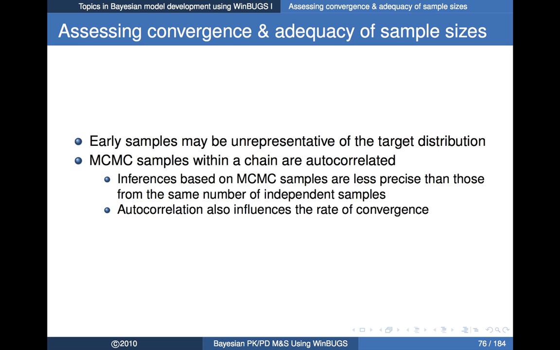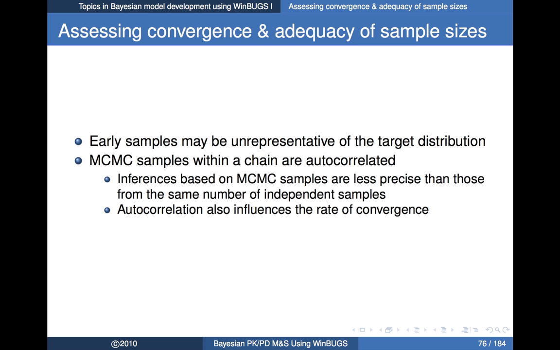And that autocorrelation can also influence the rate of convergence. In fact, it's usually the dominant thing in determining the rate of convergence. So in the extreme, if the correlation is very, very high, convergence can be quite slow.